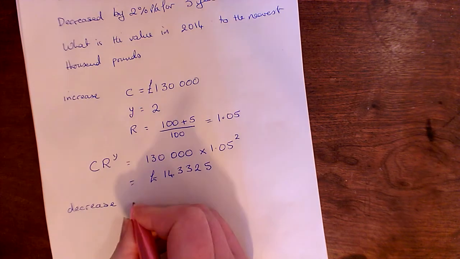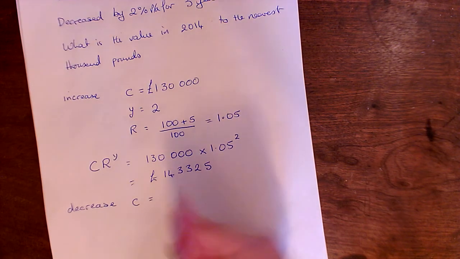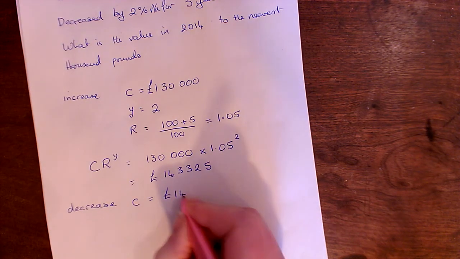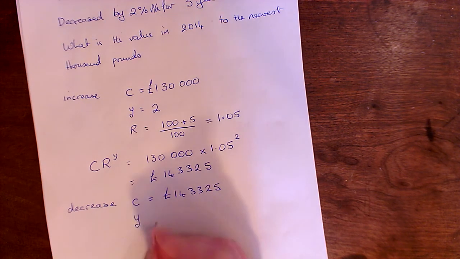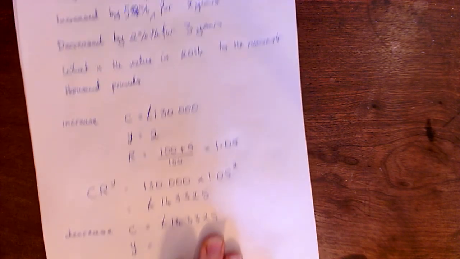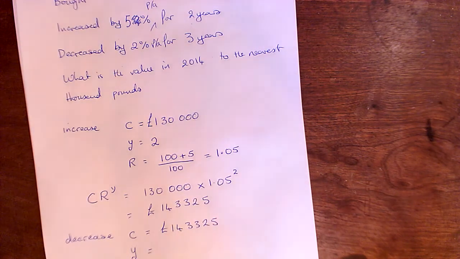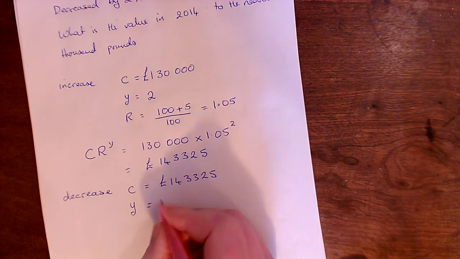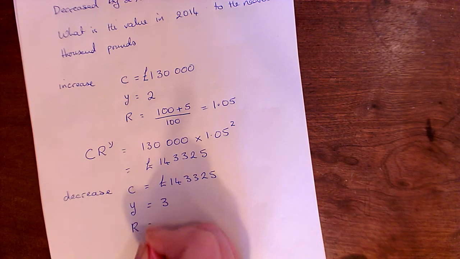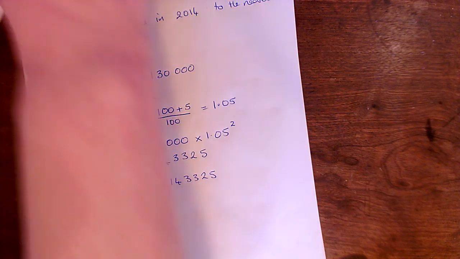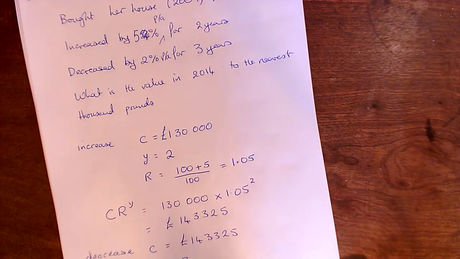And so our new starting value is where we ended here. So it's 143,325. Our number of years, looking up at the question, is now the 3-year bit. And our rate is a decrease of 2%.